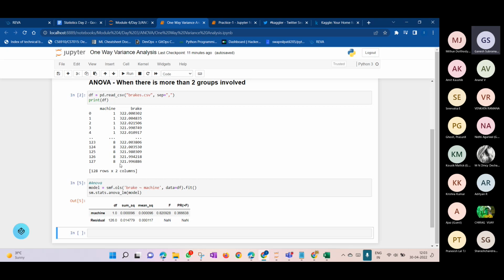And also the first and the last value. 128 rows, 2 columns. Okay. And the value for machine 8, the last one, row number 127, is it 321? 321.996. Okay. So, okay, 1 second.